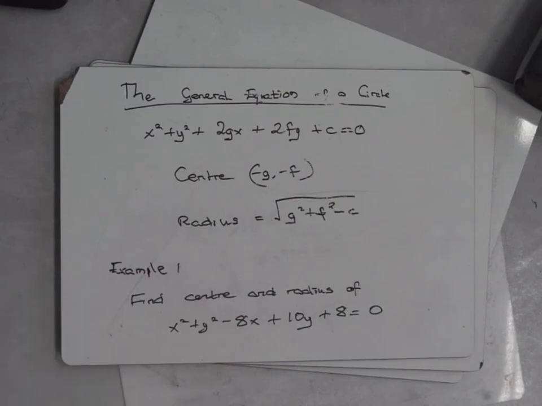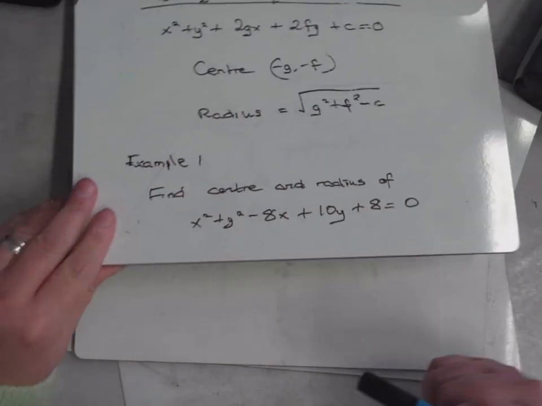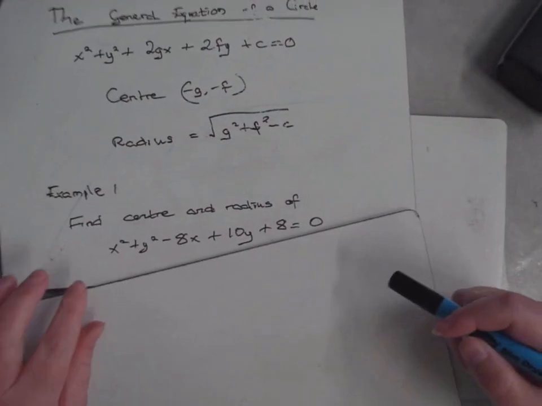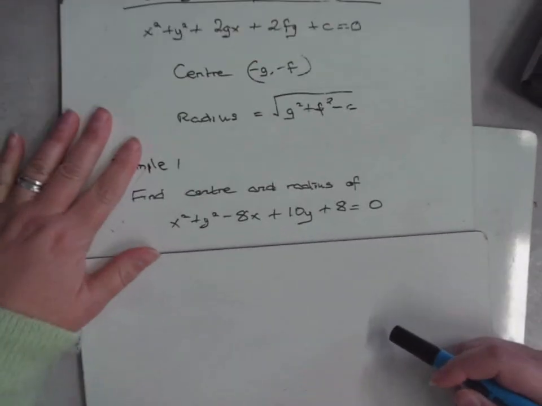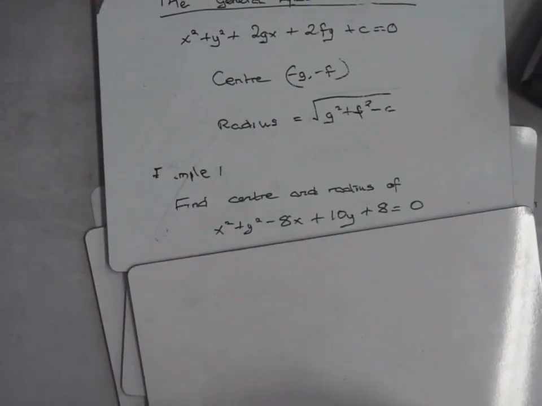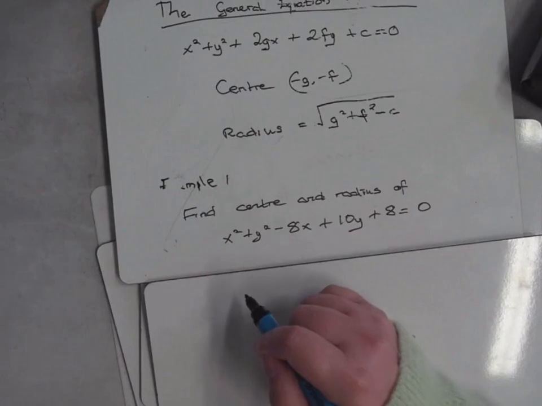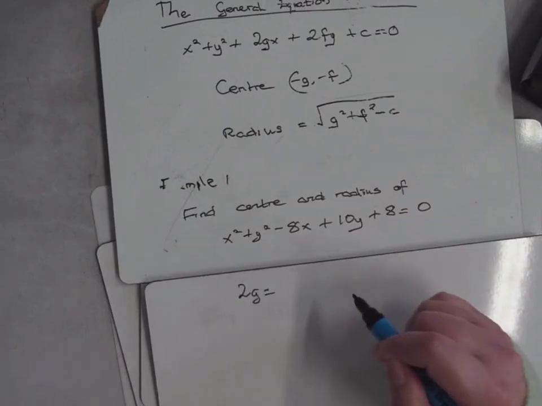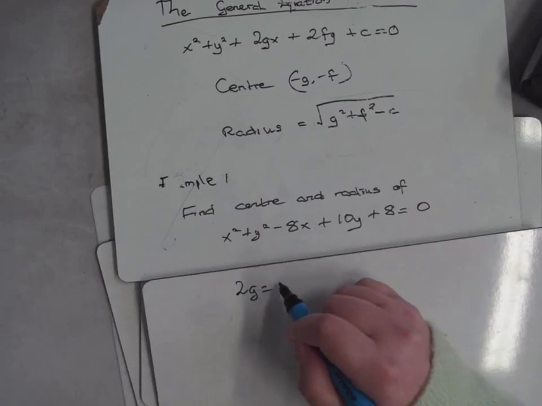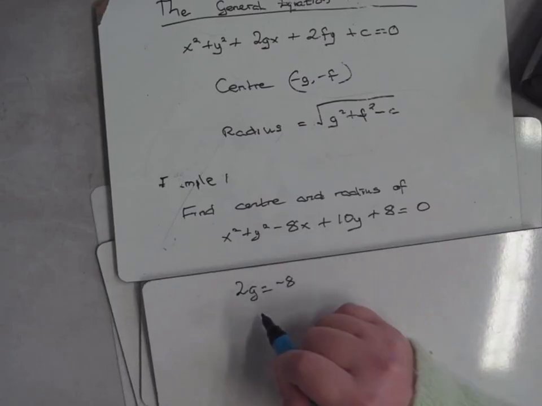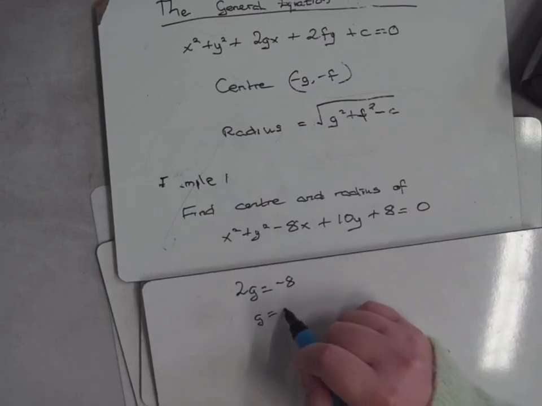Right, so we'll just do example 1 here. You all ready for me? Okay. So what I would do is 2g, what's 2g equal to? The number in front of x. What's the number in front of x? Minus 8. So that means g is equal to minus 4.